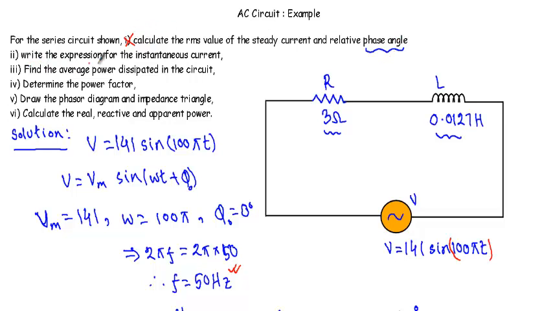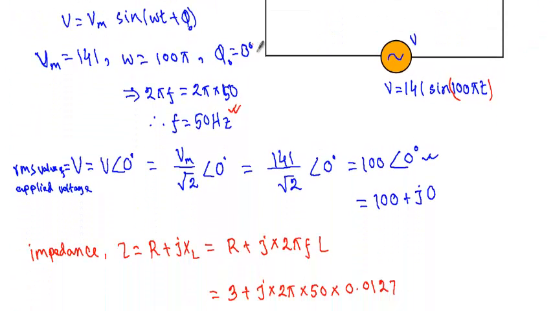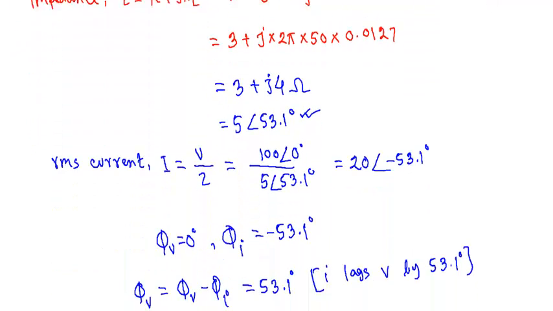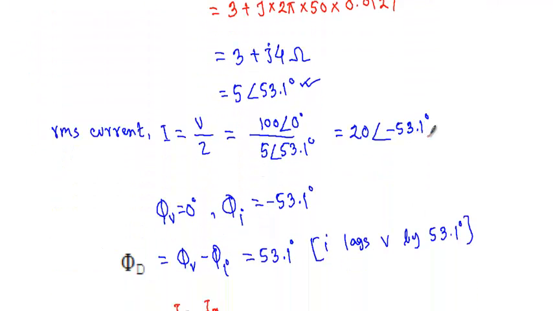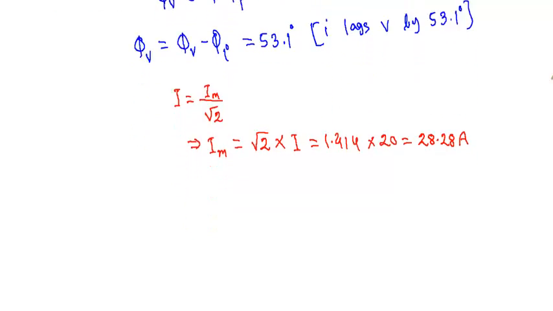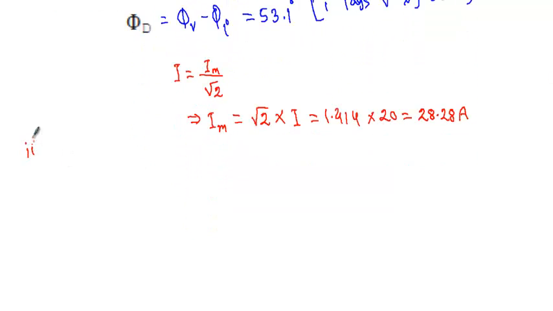After that we have to write down the expression for the instantaneous current. It is obvious from the phase angle of voltage and current. Phase angle of voltage is 0 degree and phase angle of current is -53.1 degree. This indicates that current I lags voltage V by an angle of 53.1 degree.